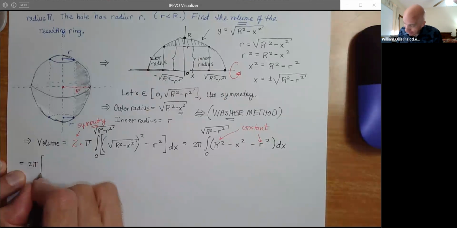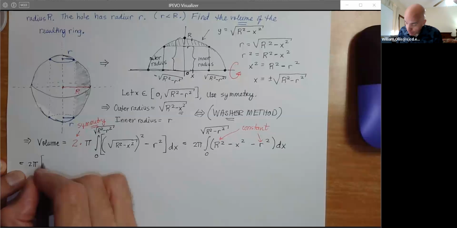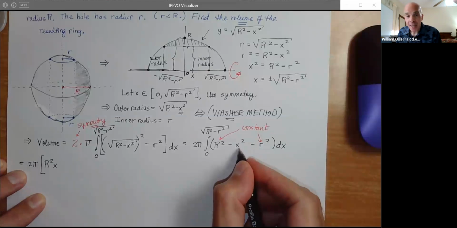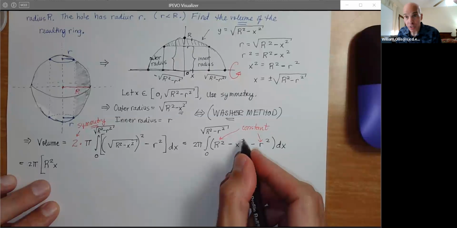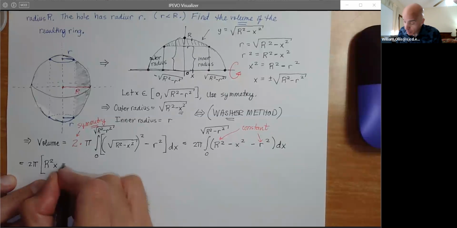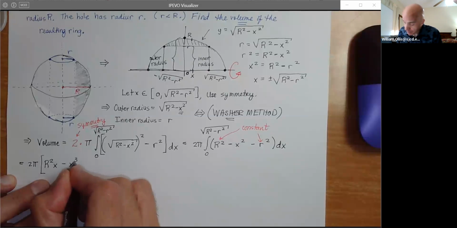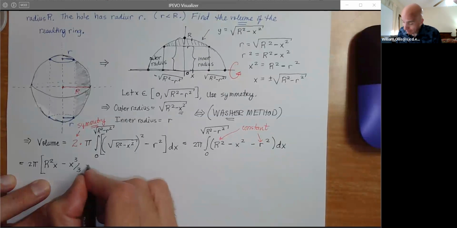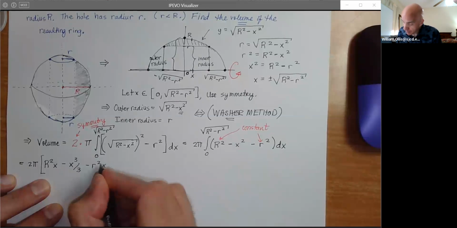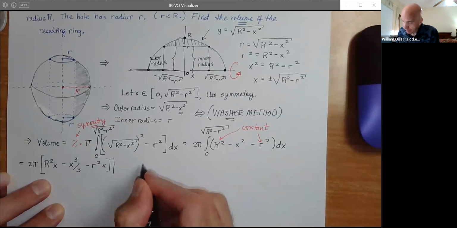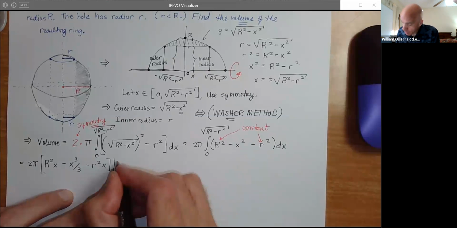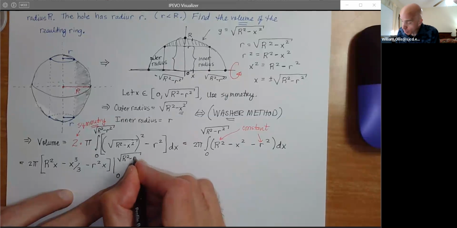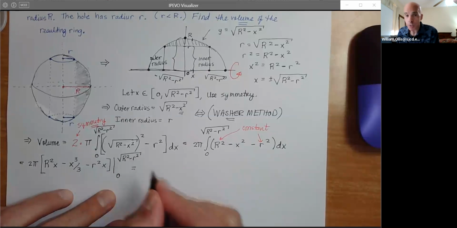So we have R squared x, uppercase, and now we have x squared, x cubed over 3, add 1, divide by the new power. And here we have a minus r squared x. Sometimes the simplest problems are the most difficult. We always want to rush to the finish line.